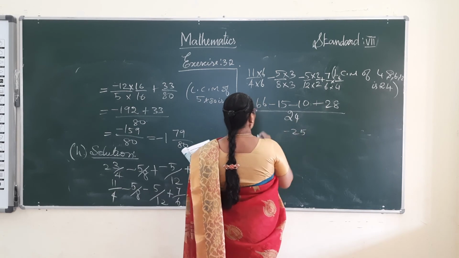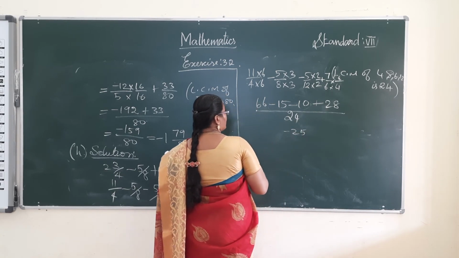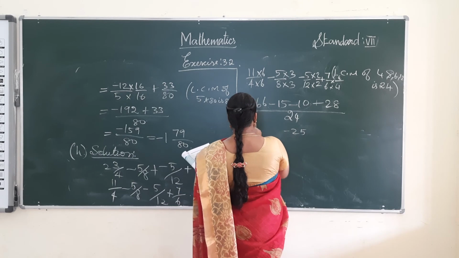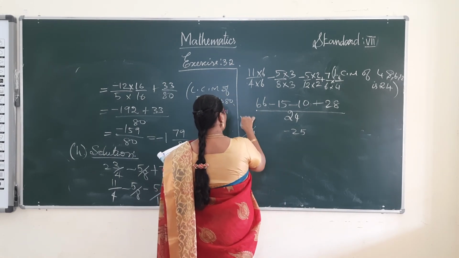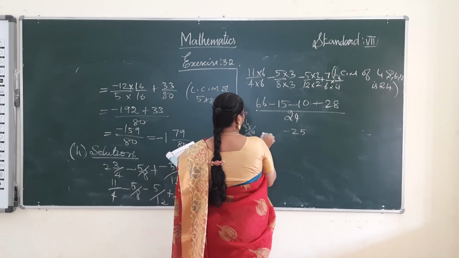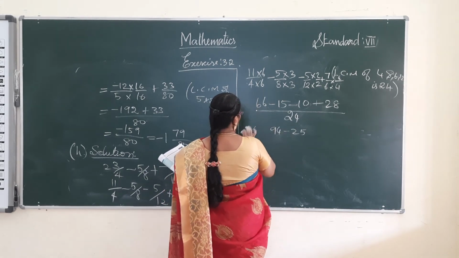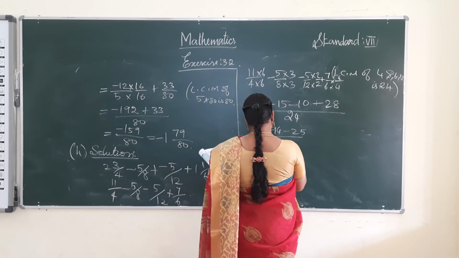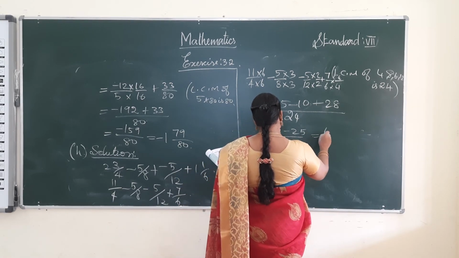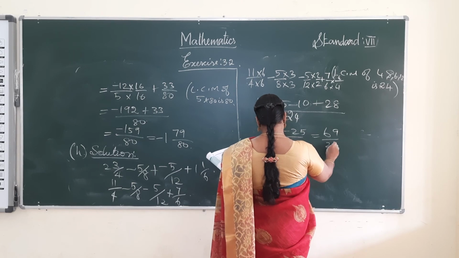These are the same operations, so add these two values. 66 plus 28 is 94. So 94 minus 25 divided by 24. Subtracting this value, 69/24.